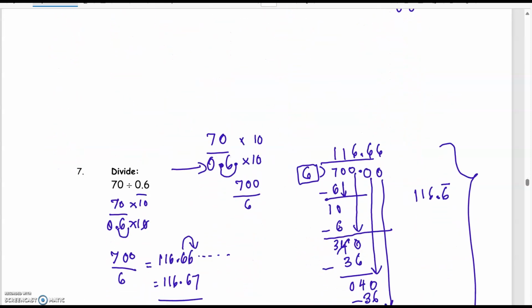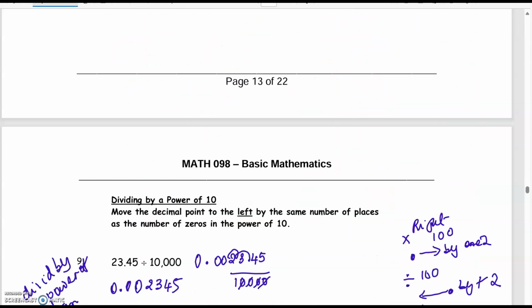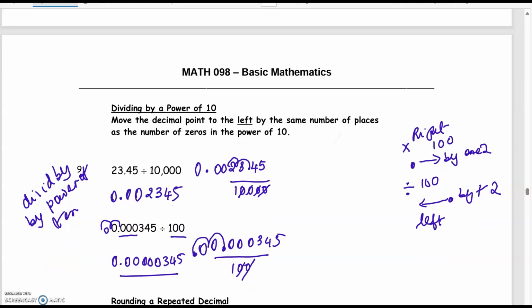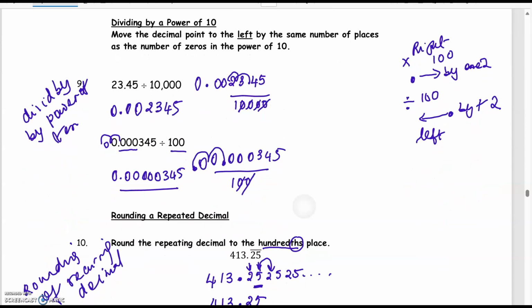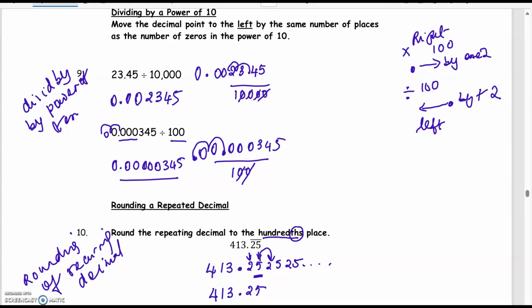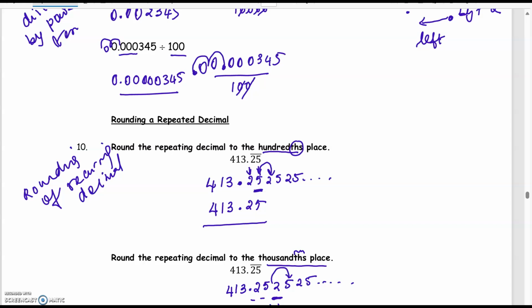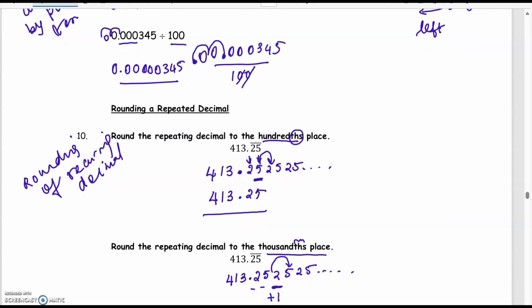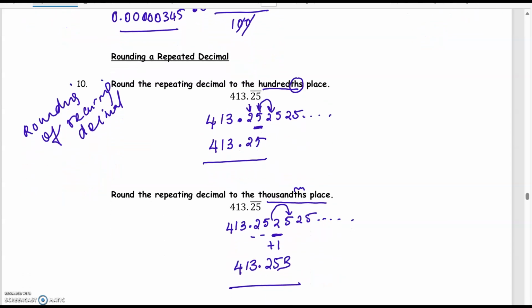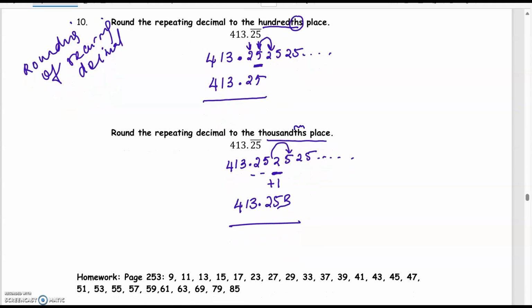And then the next topic we did was dividing by a power of 10, which is the same as shifting the decimal point to the left by the same number of places as the number of zeros in the power of 10. Rounding recurring numbers, first write down all the digits to some extent and then do the rounding. So this ends division of decimal numbers.